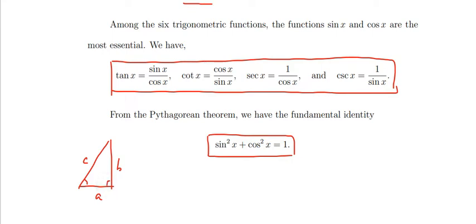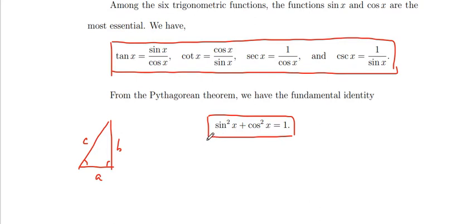So in terms of sine and cosine, this relationship becomes sine square plus cosine square equals 1. This is a very important relationship between sine and cosine.